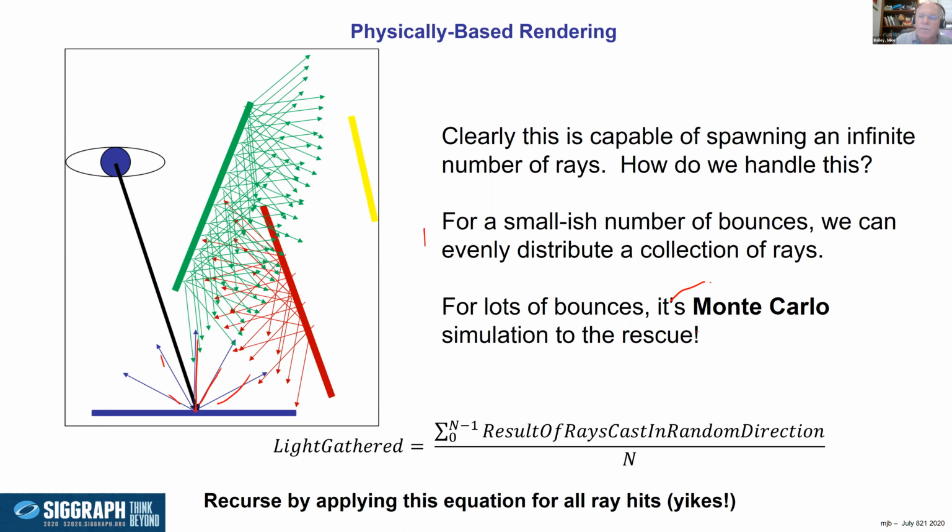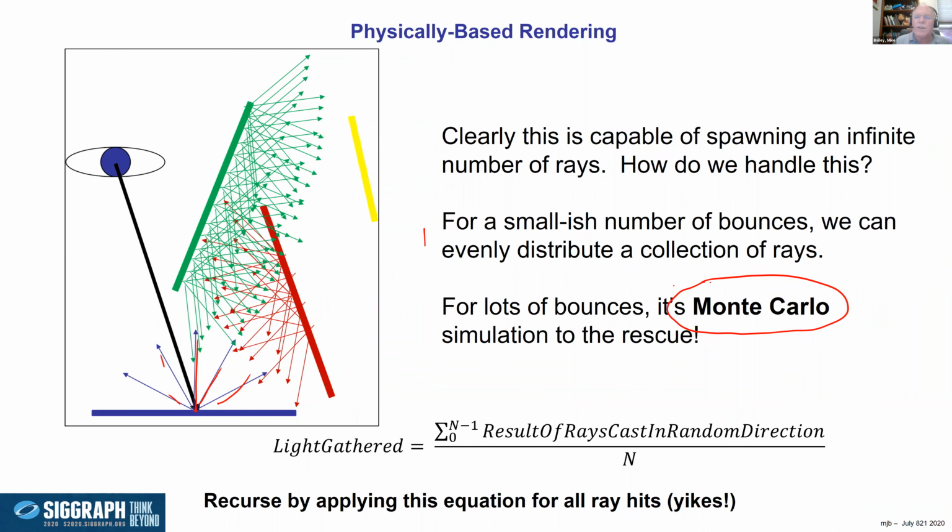end up using some sort of Monte Carlo simulation. Monte Carlo, where you take sort of a probabilistic distribution of rays that come off the BRDF. Okay, and clearly the more you use, the better your rendering fidelity will be. But of course, you don't want to go too crazy, because then you won't get a rendering in your lifetime.